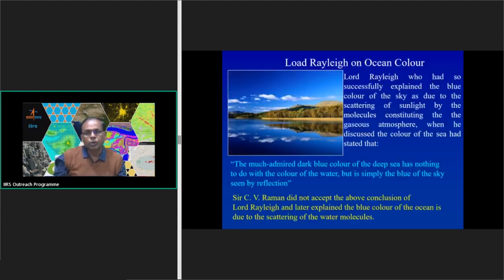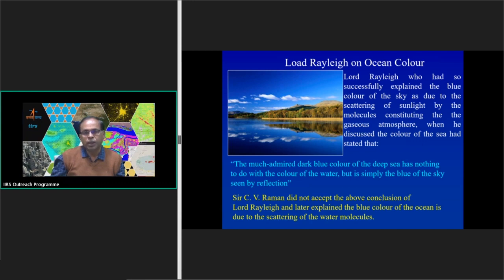So he explained the ocean color, that is following the Lord Rayleigh's scattering principle, which was applied to the atmospheric scattering phenomena, where Rayleigh has attempted to describe the color of the sky because the blue light is scattered more by the air molecules compared to other wavelength region, that is green and red. That's why color of the sky is blue in nature.